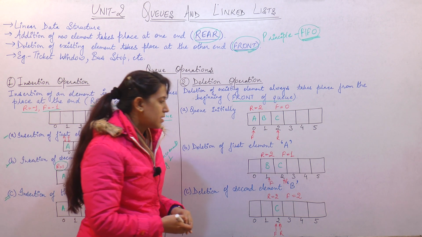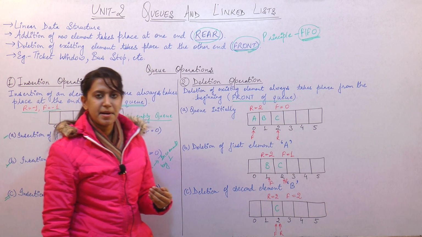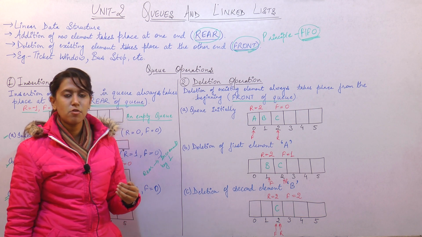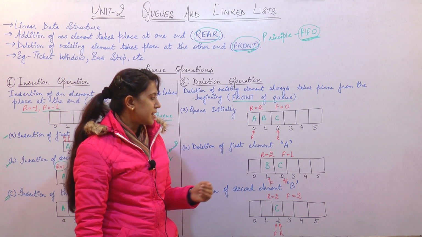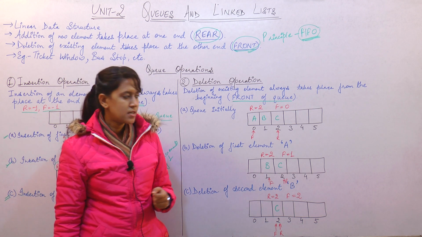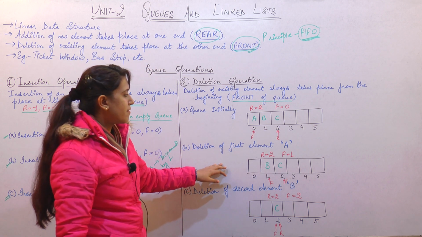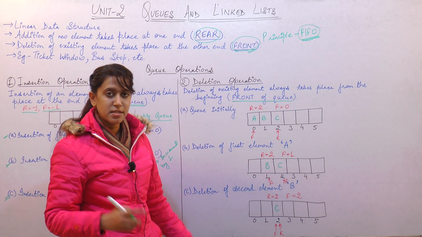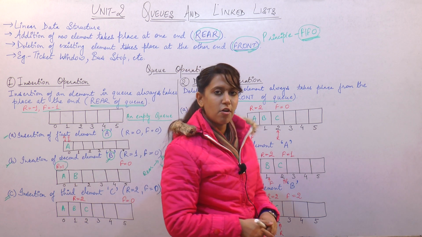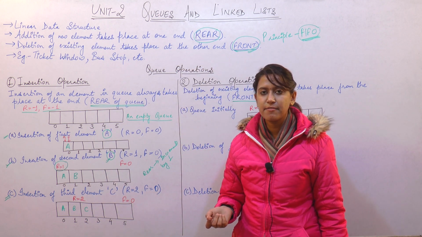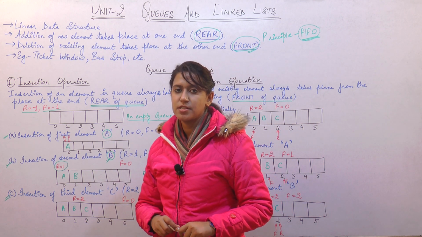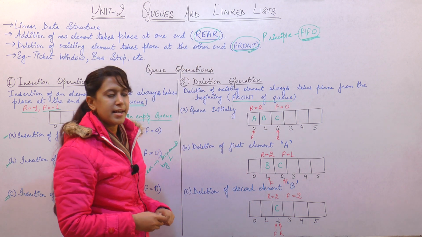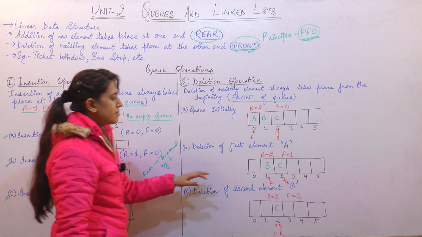Now whenever we are deleting any element from the queue, the value of front end will always increment by 1. In insertion operation, the value of rear end was incrementing by 1, but in deletion operation the value of front end will always increment by 1.